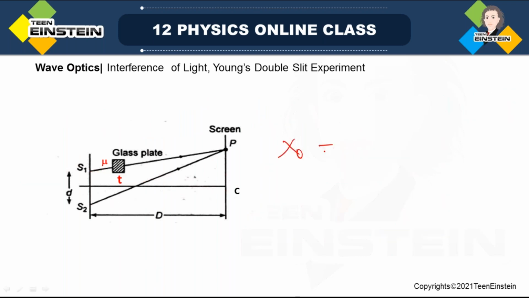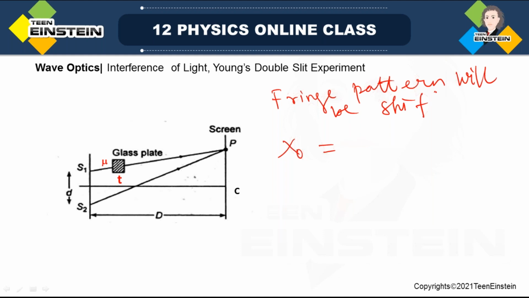The fringe pattern will be shifted if in front of one of the slits a glass having refractive index mu and thickness t is kept. It will be shifted by x0 equal to (mu minus 1) into t into beta divided by lambda. This much distance.